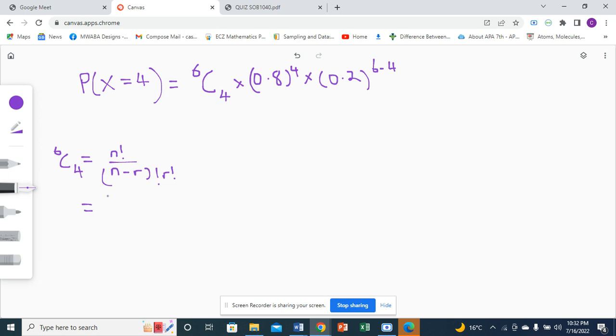Okay, so n is 6, so we have 6 factorial over 6 minus 4 factorial, 4 factorial. So we're going to have 6 factorial over 2 factorial and 4 factorial.